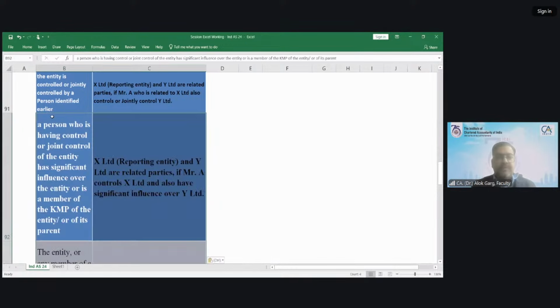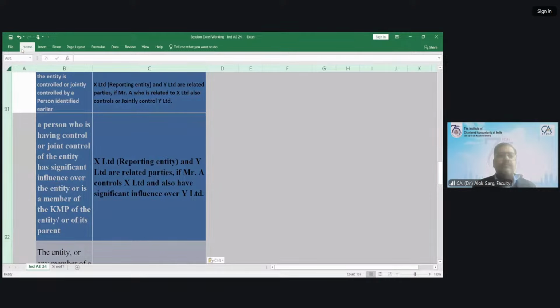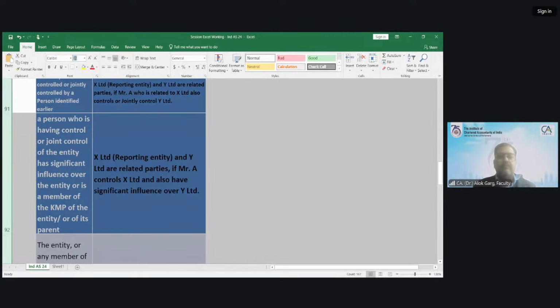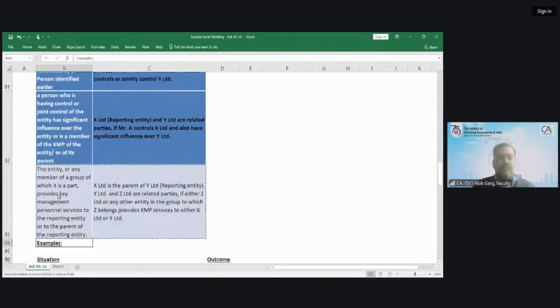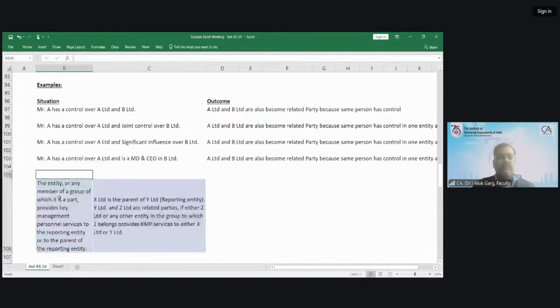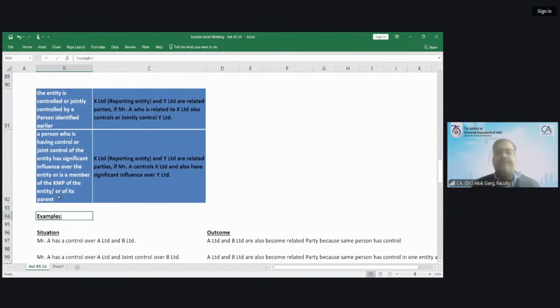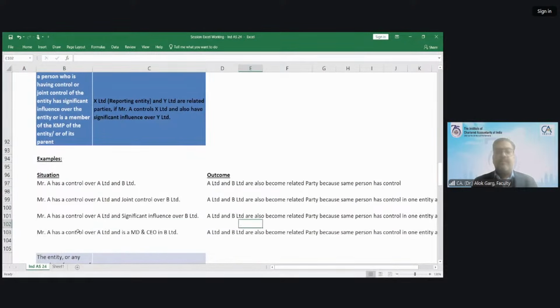So we have discussed this when the entity is controlled or jointly controlled by a person, then how the entities will become related to each other. We discussed with the help of these four situations, correct? Yes, sir.